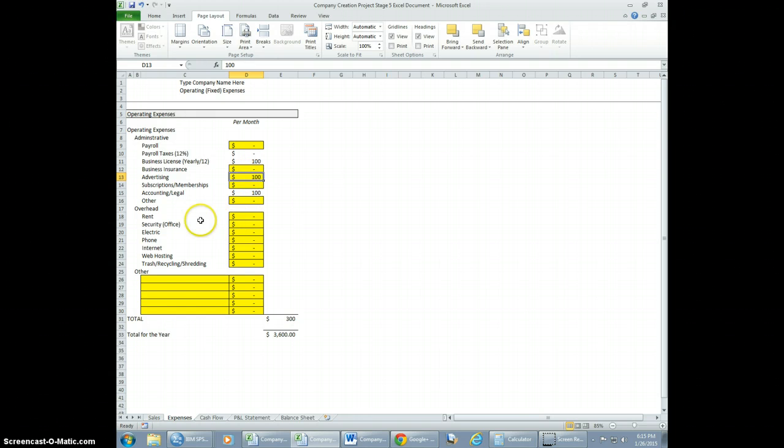And then I'm also going to pretend that we have rent, and that is $1,000 per month. But again, for your company, you'll most likely have a lot more costs, most likely all of these costs, and then several other costs that you'll include in here.